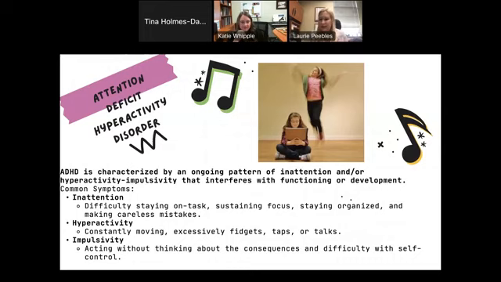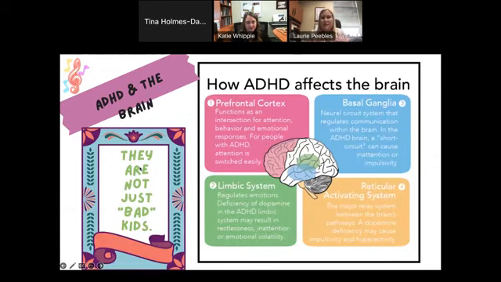So when we're thinking about ADHD, we really do want to keep all of these symptoms in mind. And I want to talk a little bit about what's going on in the brain, because a lot of the times we have our students, whether they're diagnosed or in the process of being diagnosed, these kids, as my supervisor and mentor teacher used to tell me, these are the bad kids.